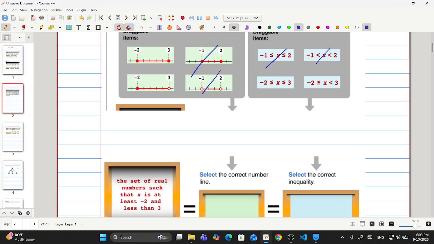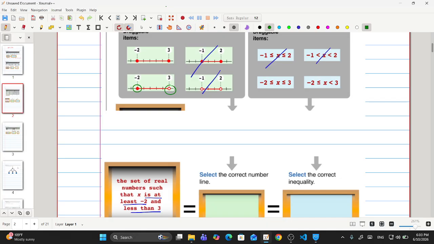The first thing that I usually used to tell my students was to look for the wrong option first. Look for the option that needs to be eliminated first. Now, since it says at least negative 2 and less than 3, automatically we should know that both of these signs should be represented in two separate ways. So automatically we know that this one is supposed to be more correct.